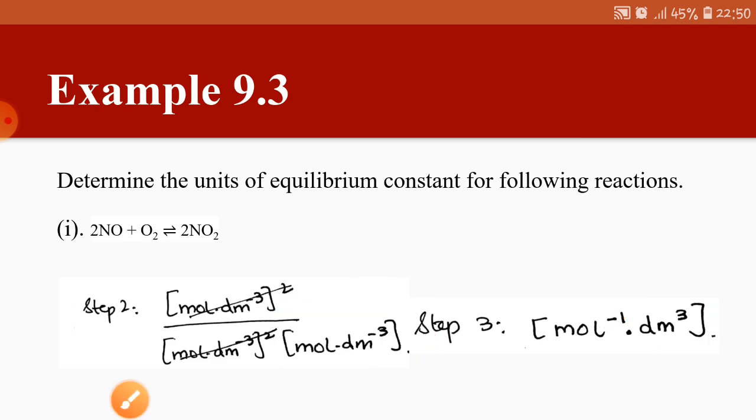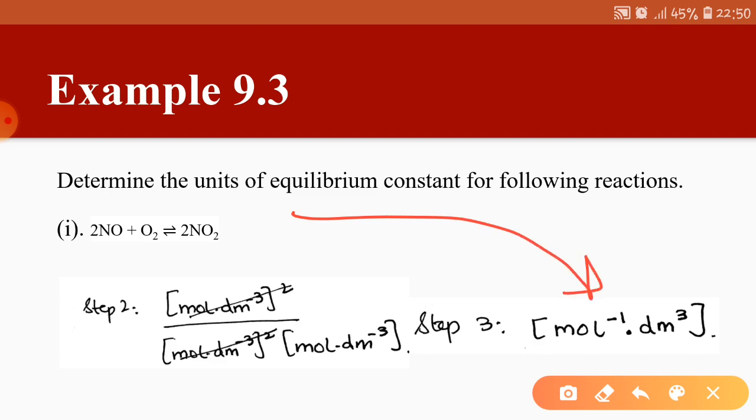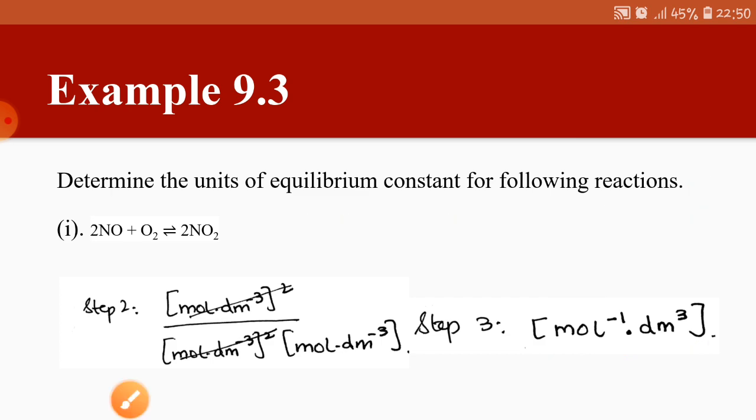So now the unit for this equilibrium constant becomes per mole decimeter cube, or you may write decimeter cube per mole as well.